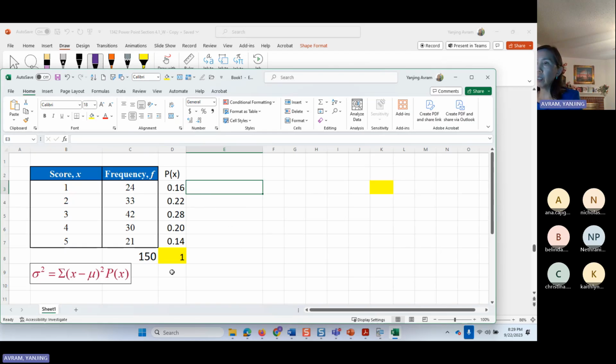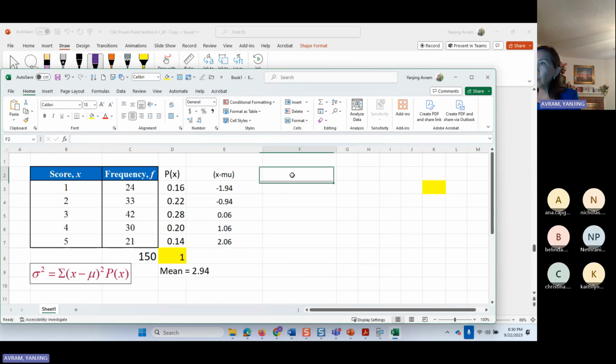Remember we said the mean here is equal to 2.94. So I will need to calculate step 1, x minus mu. I'll just type this one, x minus 2.94, minus the mean first. And that is this one.